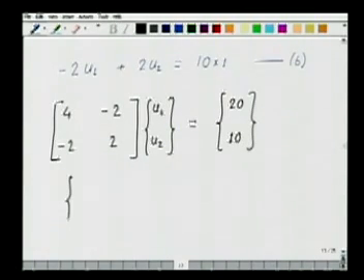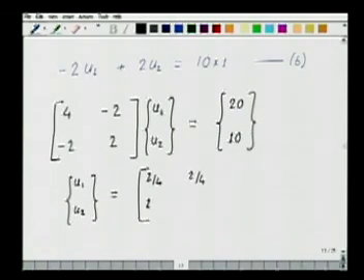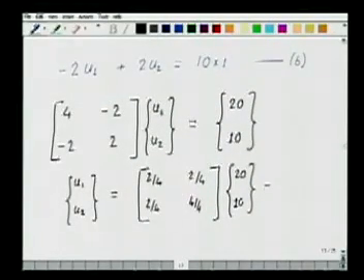After inversion, u1, u2 is equal to: half into 20 is 10 plus half into 10 is 5, so this will be equal to 15.